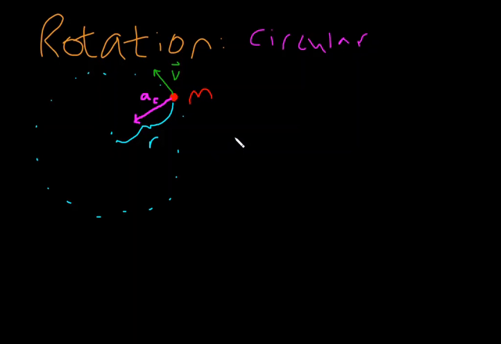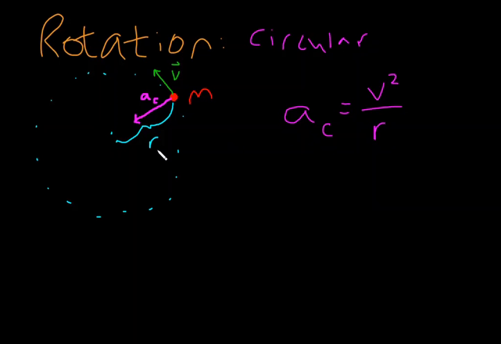The centripetal force is the force of tension from the rope. But in any case, whenever it's moving in a perfect circle, the centripetal acceleration is equal to the velocity squared, this is the magnitude of the velocity squared, so the speed squared, divided by the radius of the circle, right?